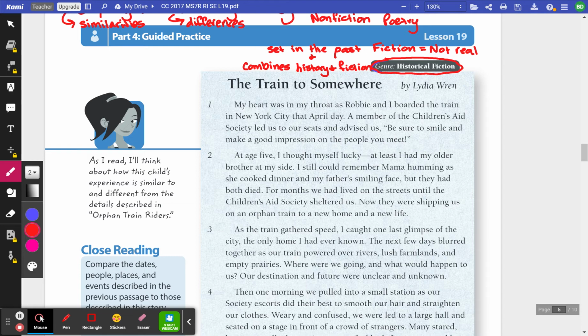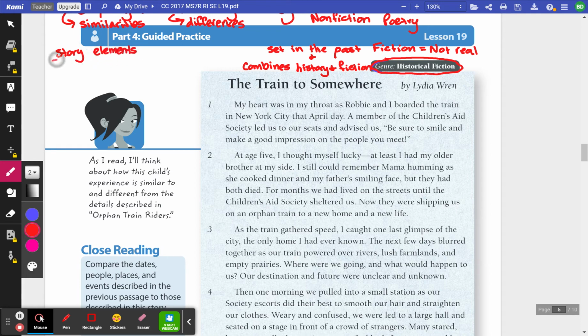It's going to give you some detail about whatever the historical event or a person or whatever it is that the passage is talking about. But it's going to combine that with things that are fictional. So, whenever I say things that are fictional, what I am really talking about are our story elements.